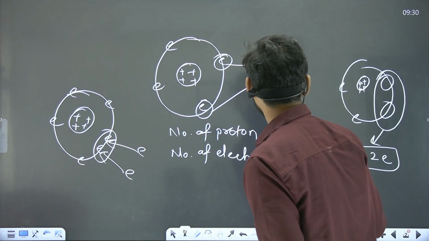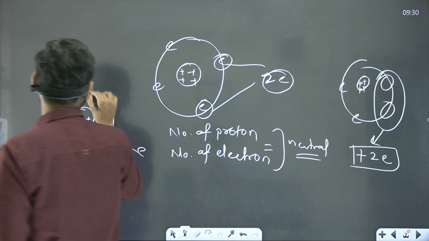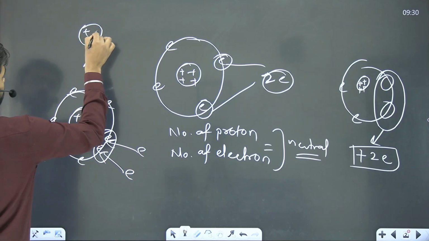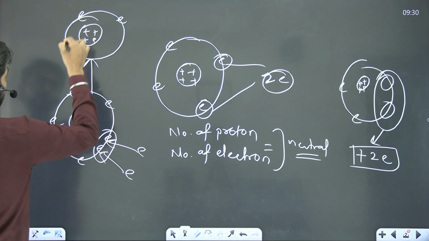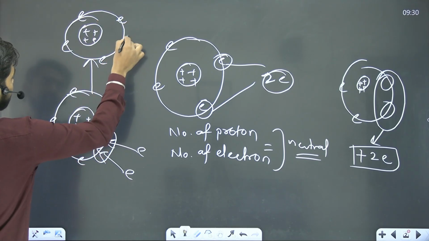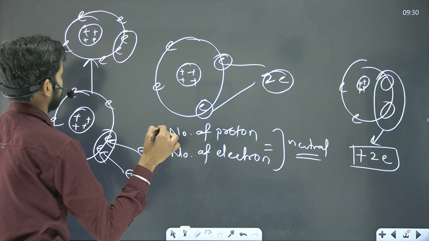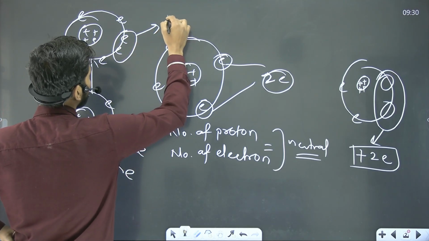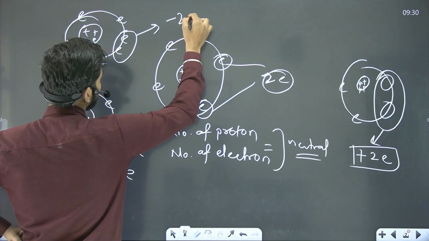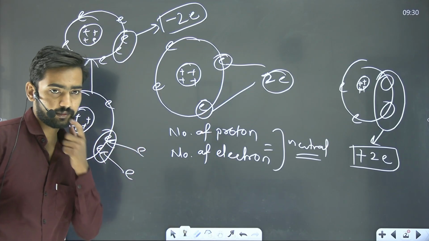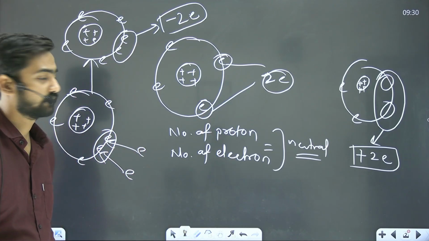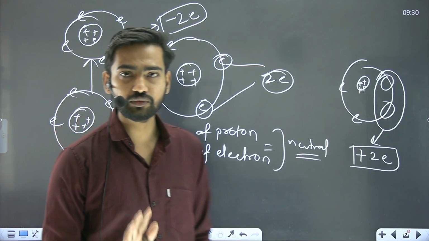Something will happen like in this scenario, the atom is going to have an excess of electrons. How many electrons are in excess? 2 electrons are in excess. It shows that the atom is having 2 more electrons. Then the charge in this atom is minus 2 electron.